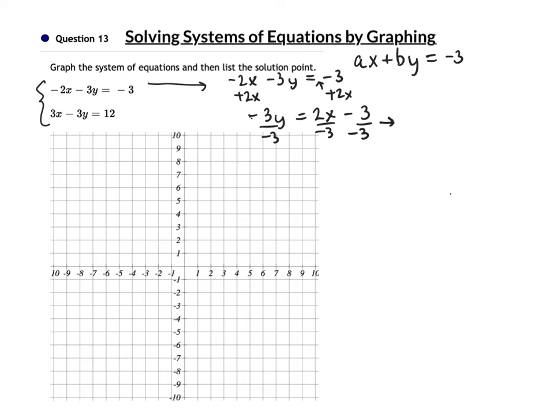The result is y equals, I'm going to move the negative to the top, -2/3 x. Notice it's a negative divided by a negative, which is a positive, and 3 divided by 3 is 1.